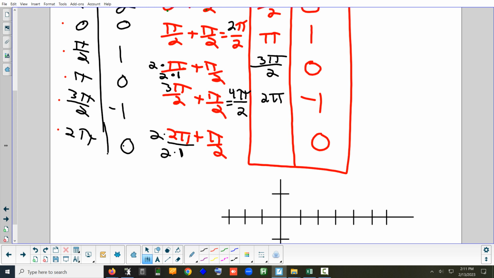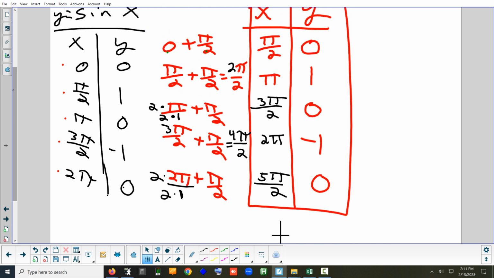We get 5 pi over 2. Good. And if you got all that, you would get 10 points for this problem. 1 point for each x and y. And it'll be set up as a table on the test, just like that. And as far as putting the pi symbol in, I'm going to make it so when you click on the table, the pi symbol pops up for you.